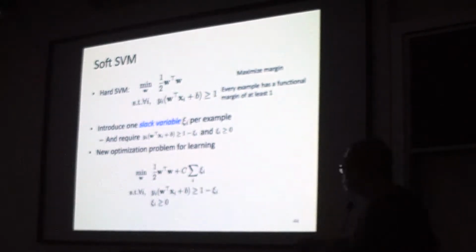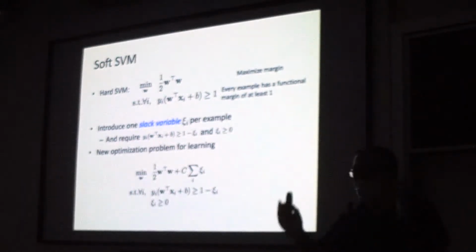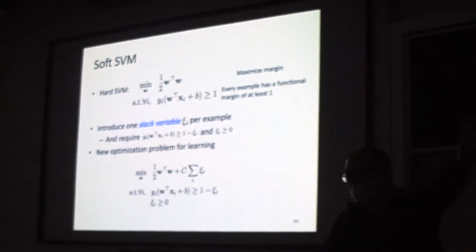At the same time, I want to minimize W transpose W, which means I want to maximize margin and still restrict my hypothesis space to be as small as possible. This is a trade-off. You cannot pursue one extreme case while ignoring the other; that won't give you the best compromise.